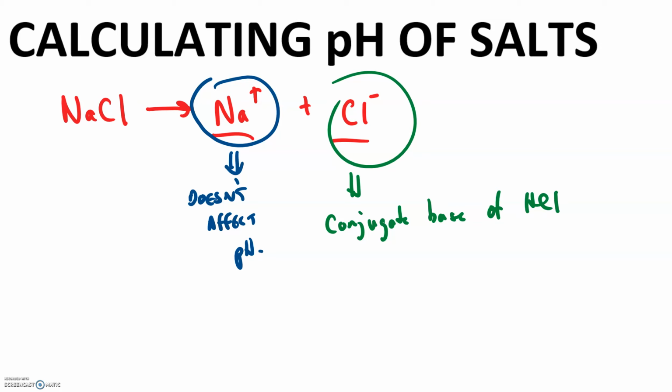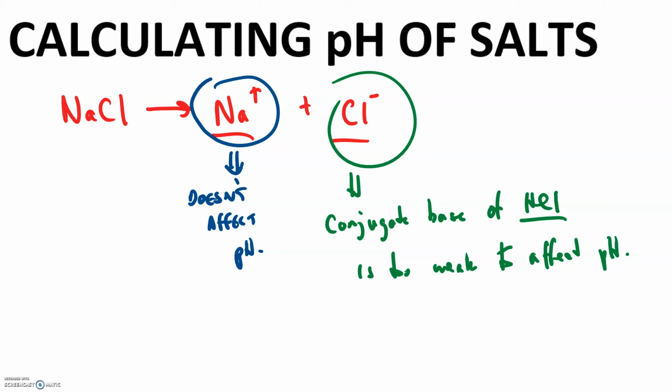The only problem is that HCl is a strong acid. And the conjugate base of a strong acid like HCl is too weak to affect pH. But what if it was a conjugate base of a weak acid?